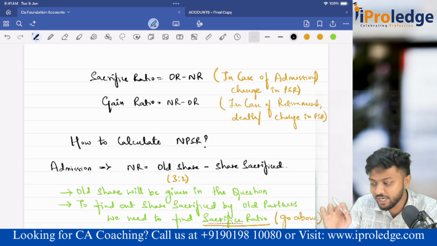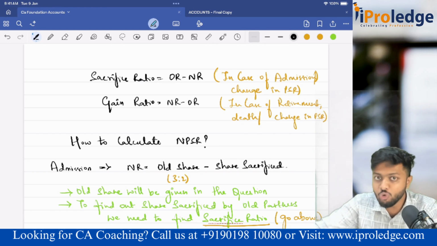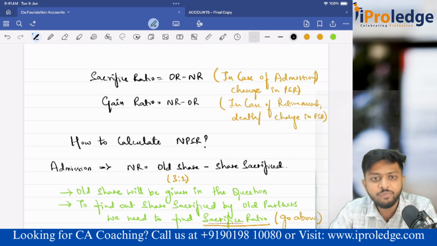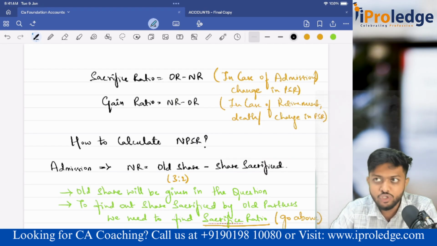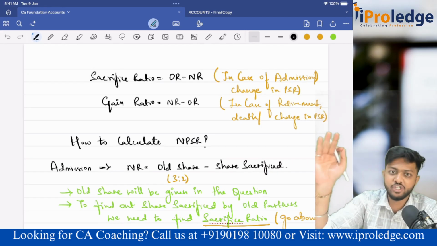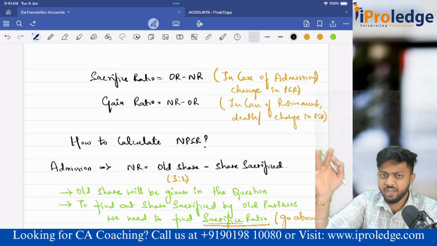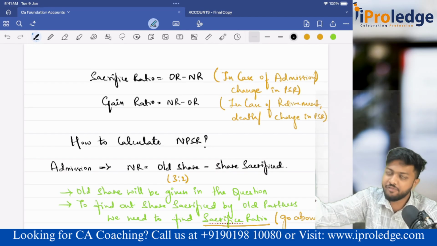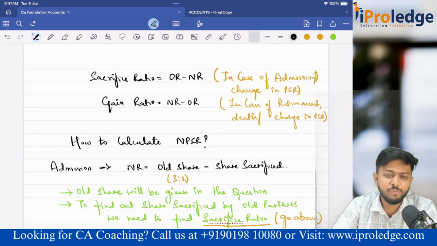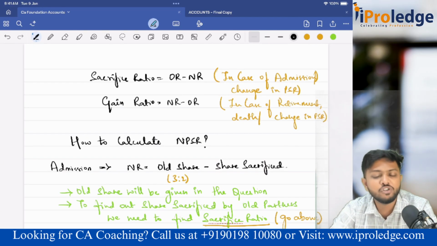To find sacrifice ratio, old ratio before admission minus new ratio, you will get the sacrificed share of each partner. Simple. Understood.